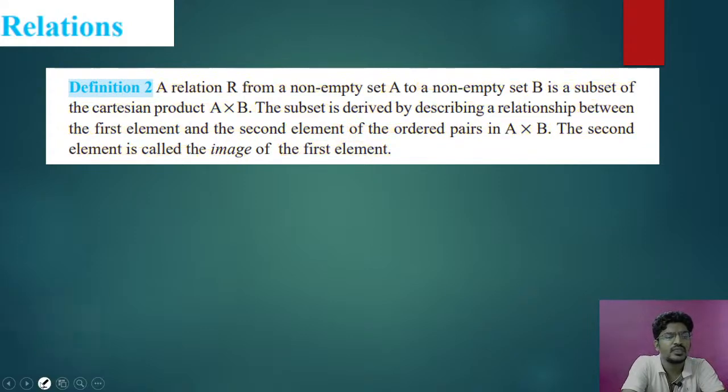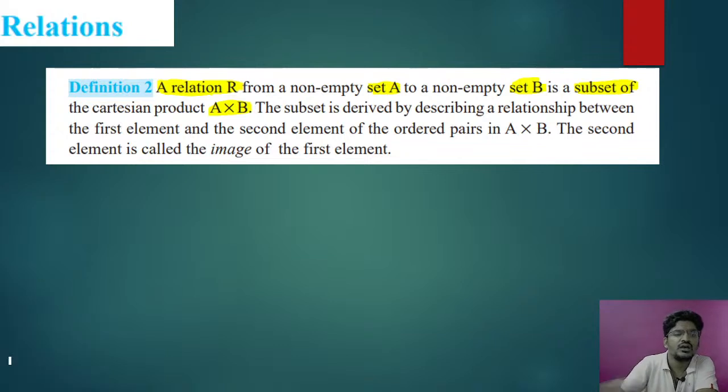Okay. See, what is important here? A relation R from non-empty set A to non-empty set B is a subset of, see, this is the logic, subset of Cartesian product A cross B. That means a relation R is a subset of Cartesian product A cross B. How can we write it?